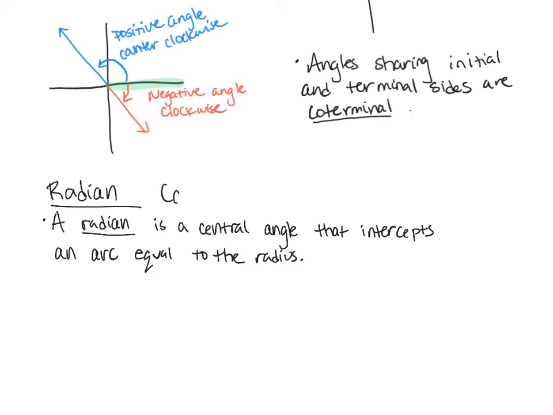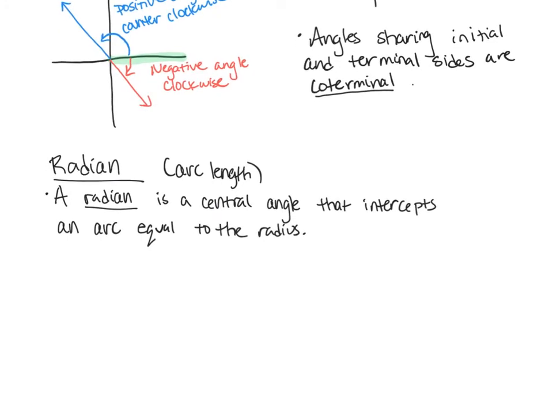So you can kind of think of that like arc length, but we're talking about the angle that is kind of equal to that arc length. And whenever we're talking about this angle, we're going to be using theta. So this circle with a line through it is called theta. We're going to be using that instead of x, because we're going to be talking about x for side lengths and coordinates and things like that. So whenever we're talking about an angle, we're going to be using theta.